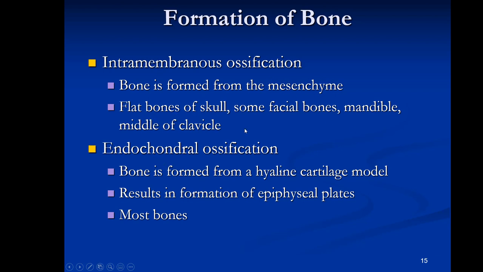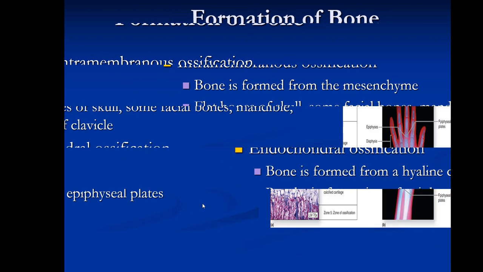This includes the flat bones of the skull, some of the facial bones, the mandible, which is your jawbone, and the clavicle. But most bones are going to be formed from a hyaline cartilage model, and this is called endochondral ossification. This is when we get bones formed due to those epiphyseal plates or growth plates that I was mentioning. So I want to talk a little bit about that.